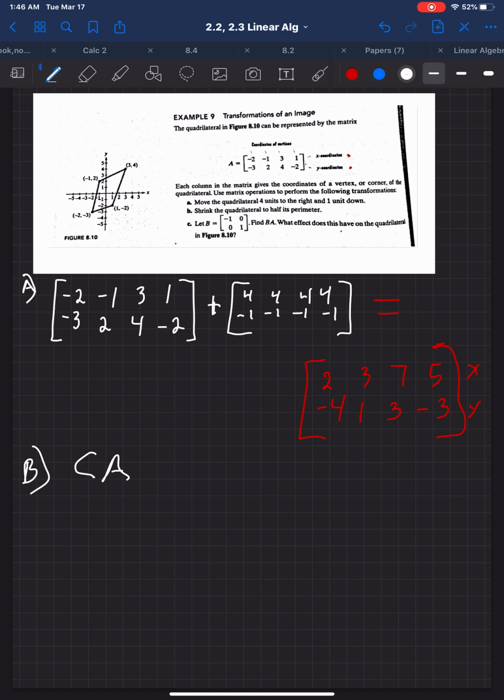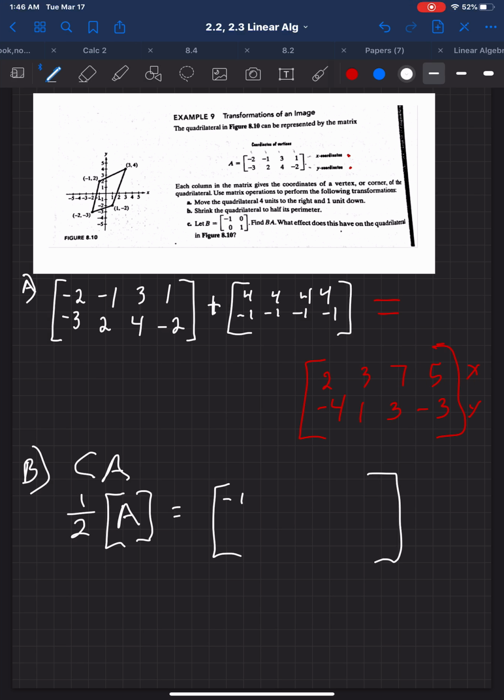But since you want the quadrilateral to have half its perimeter, then really what you're just saying is let's just take a scalar of 1/2, multiply it by A. All right, so I'm going to go ahead and give you that result, but I'm not going to go through the details of the how because we've talked about it before.